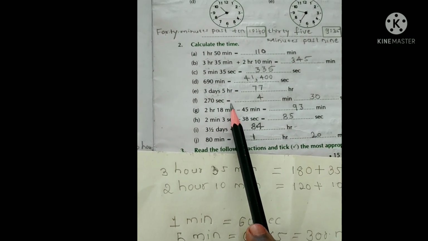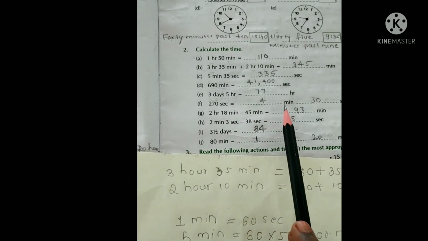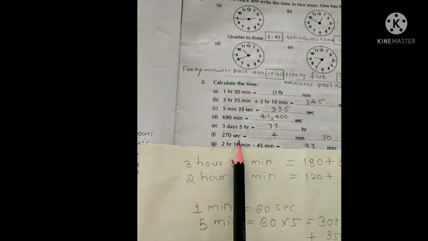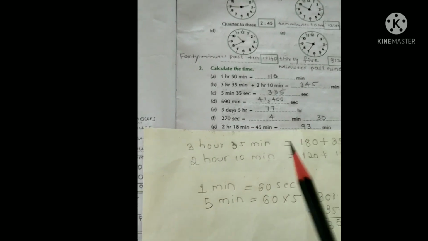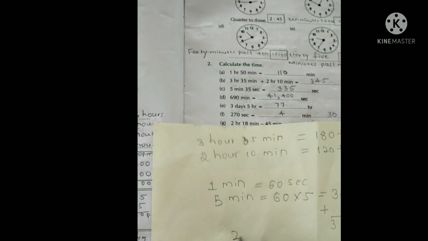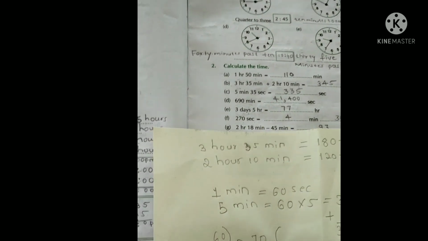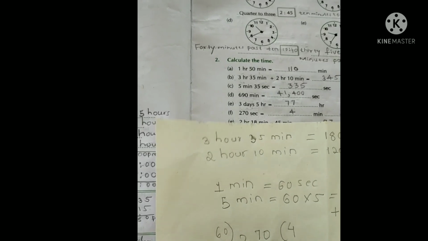270 seconds. You convert this in the form of minutes and seconds. Before this, you have to solve this one. 270 divided by 60. 6 4s are how much? 240.